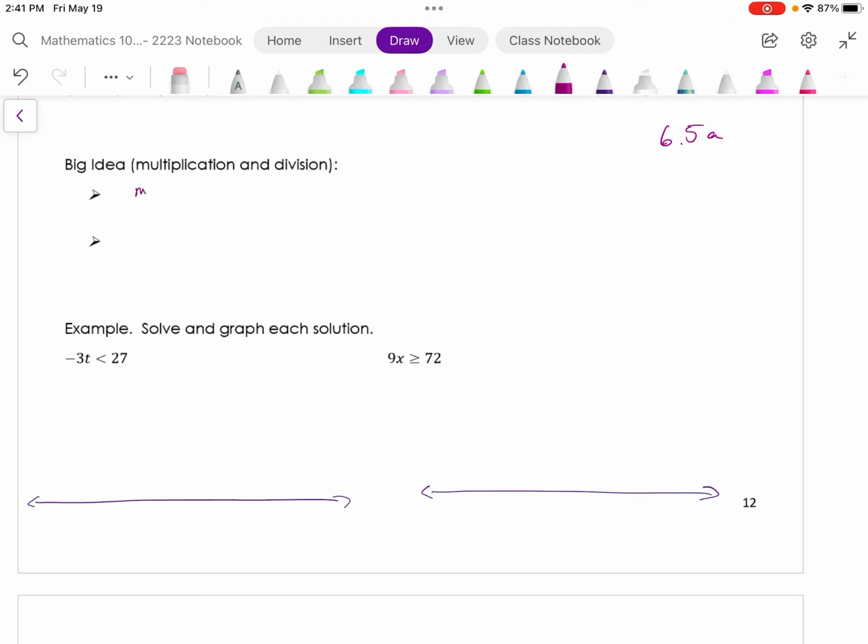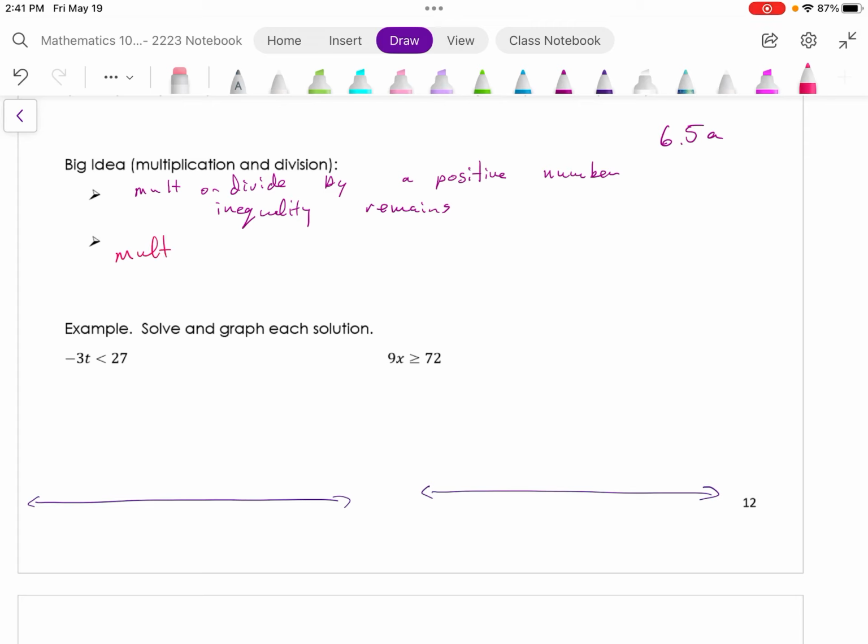When we multiply or divide by a positive number, the inequality remains. So if it was greater than, it remains greater than. If it was less than, it stays less than.